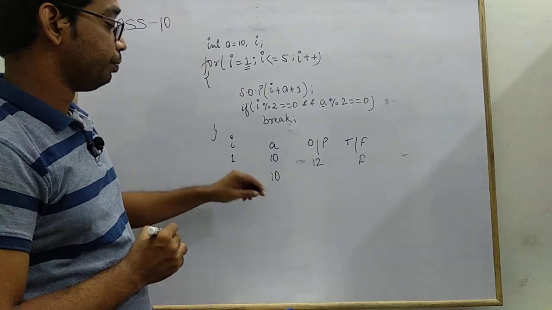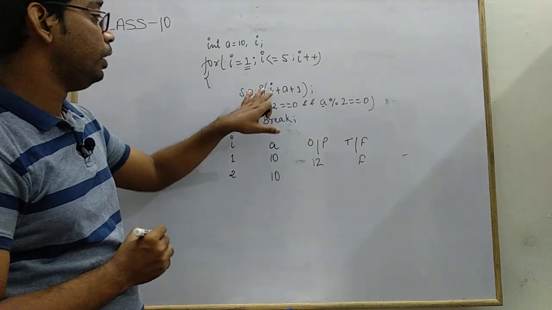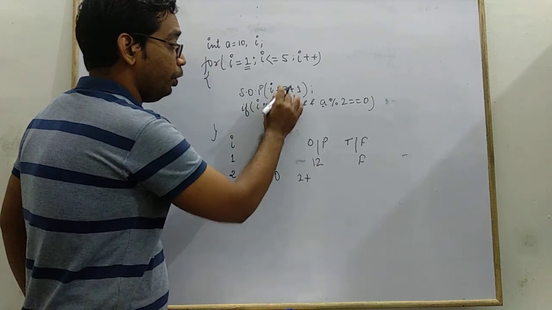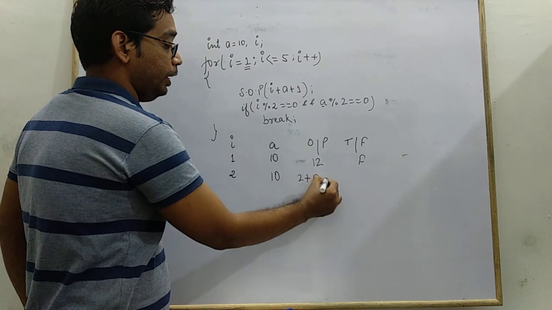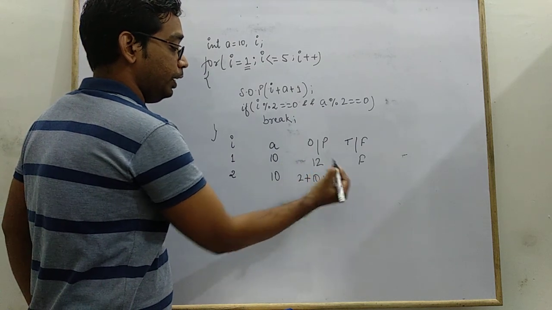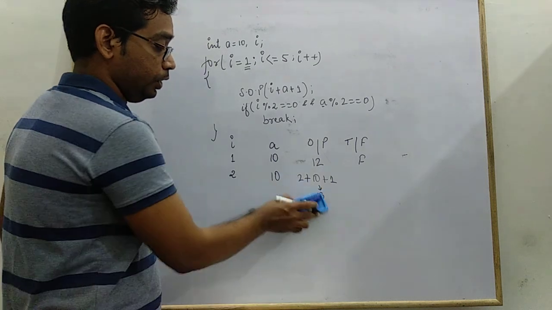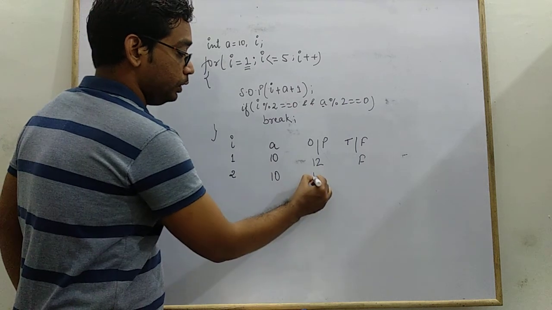Then after the 12, the value of i is 2 plus the value of a is 10, then plus 1, so it gives 13. So this one is 13.